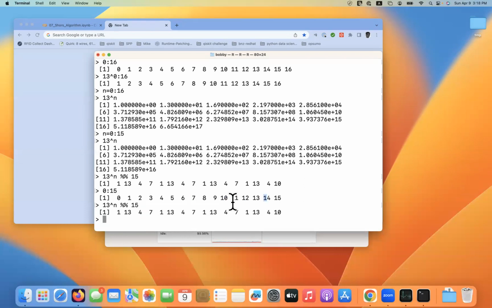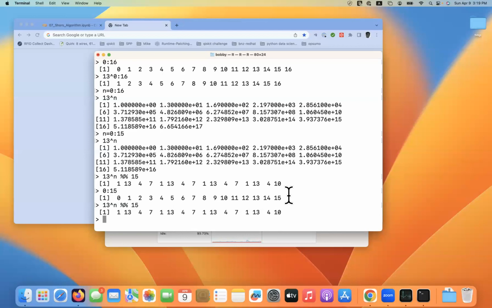So when you measure the output register, it will give you a number, for example, 4, and by measuring the output register, it will collapse the input register into a superposition of those numbers whose value of the function f of x gives you 4, and these are 2, 6, 10 and 14.